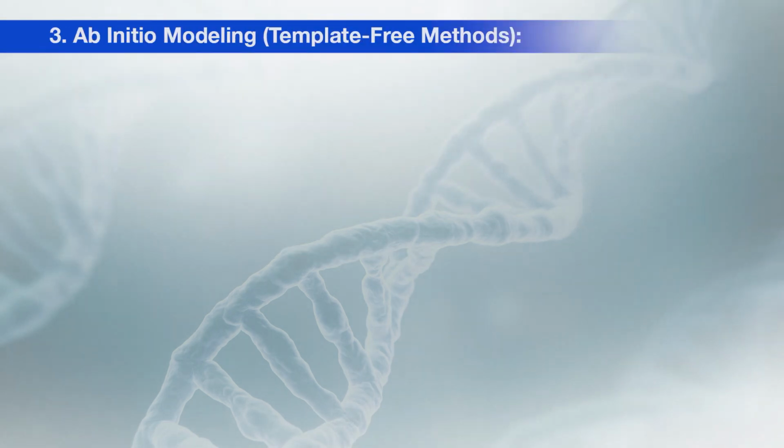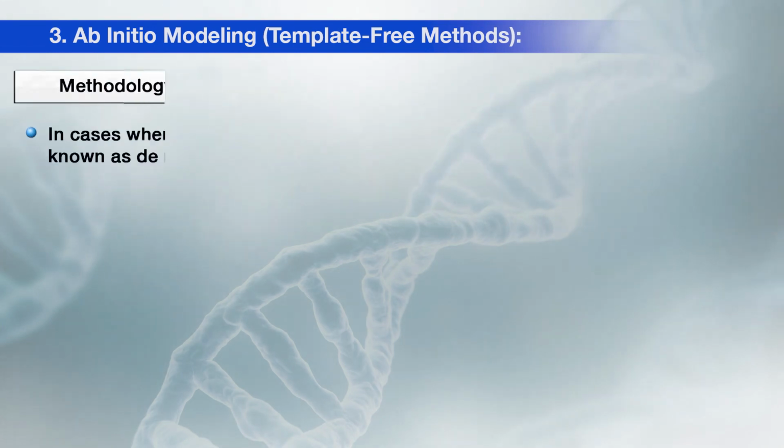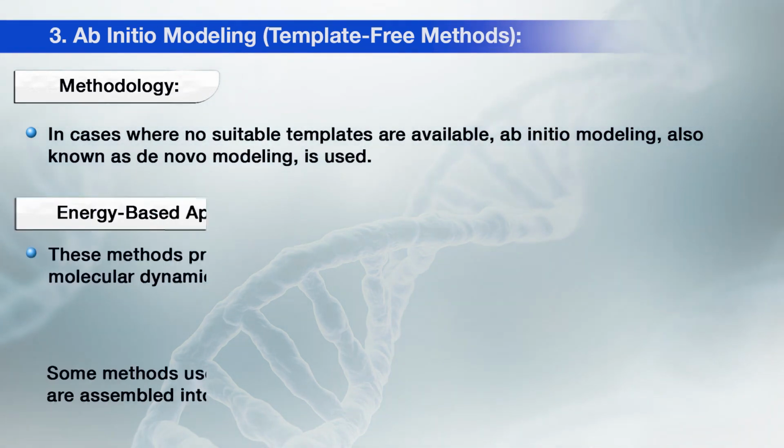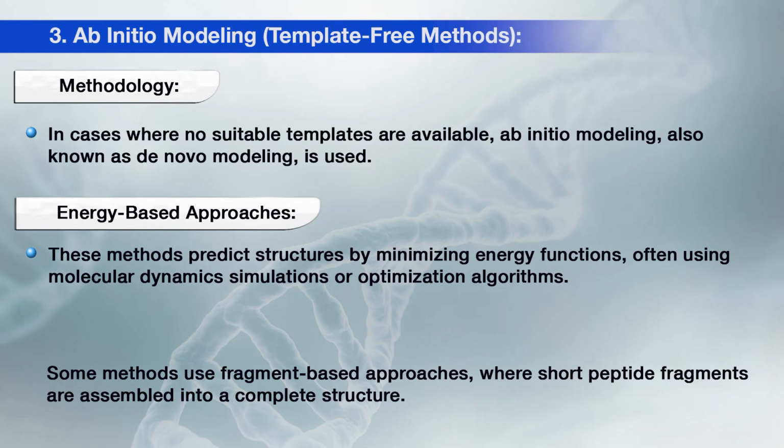The second method in the pipeline may be ab initio modeling, which is known as a template free modeling method. The methodology in ab initio is that in cases where no suitable templates are available, ab initio modeling, which is also known as de novo modeling, is used. It uses energy based approaches.